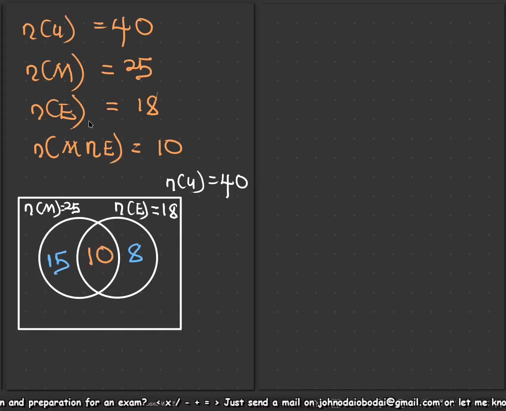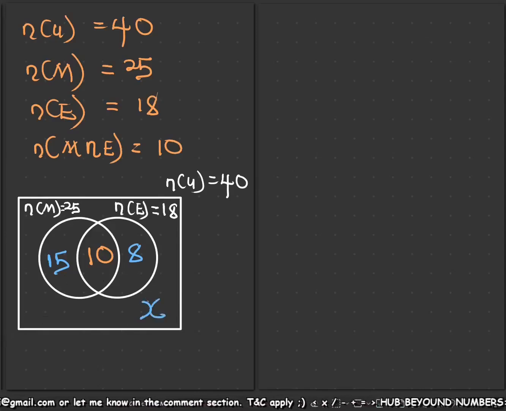So you have your 25, then plus 8. That gives you a 33. You see, which is not equal to the 40 we intend to have. So what we do is we represent the complement with x. And with that now, you are done with your Venn diagram representation.